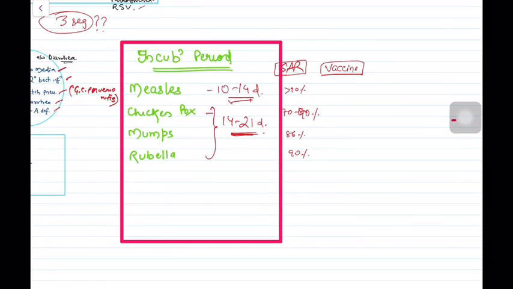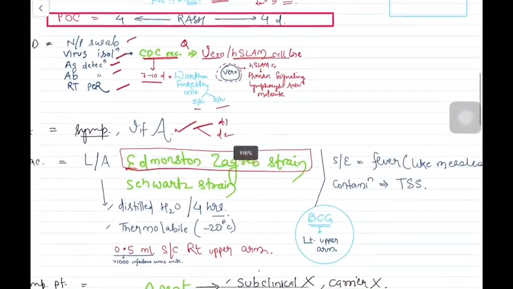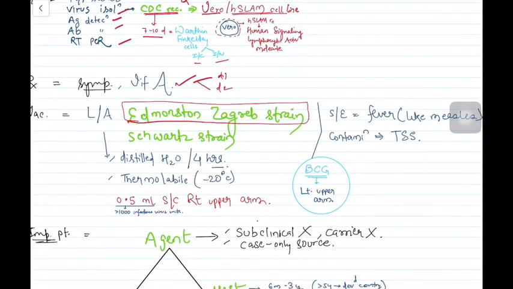So for measles, it is Edmonston Zagreb strain. And how do you give it? 0.5 ml subcutaneously in the right upper arm. We also use some other strain, but the most common is Edmonston Zagreb strain.